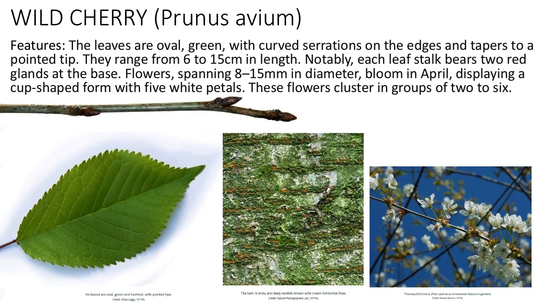It may also be possible to confuse this with cherry plum, which has a different leaf shape actually. So you'd maybe be able to distinguish this more easily from the cherry plum. The cherry plum leaf has a shape where the top of the leaf towards the point is more rounded with less of a distinguished point than the wild cherry.